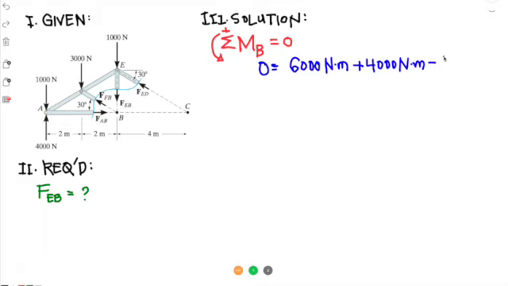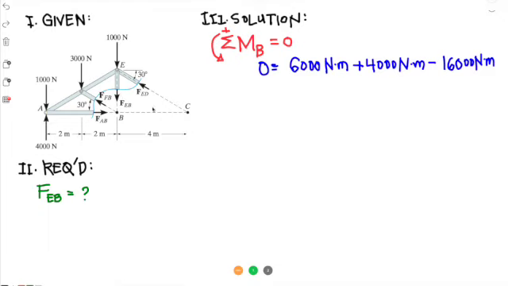So let me write it here as 16. Okay, let's write 16,000, not 16 kilonewtons. 16,000 newton meter. Okay, this force is accounted for, this force is accounted for, this one is accounted for. What else? We have FED.